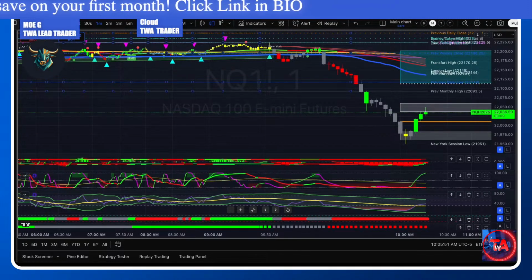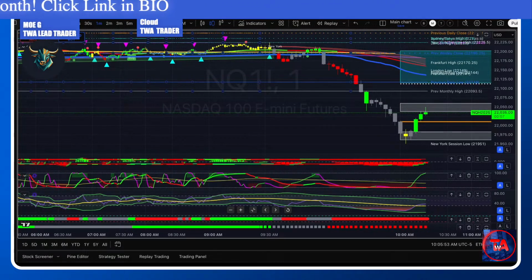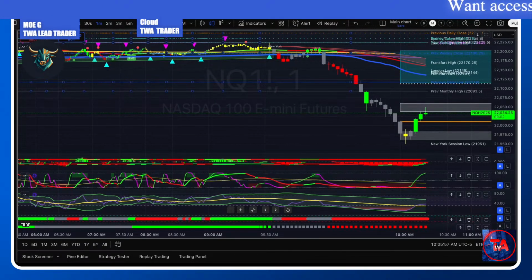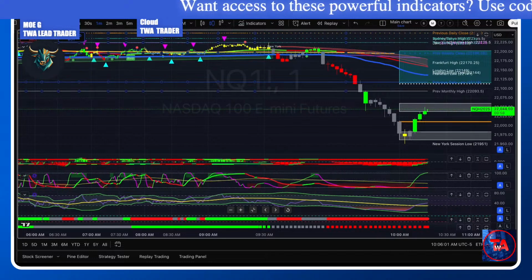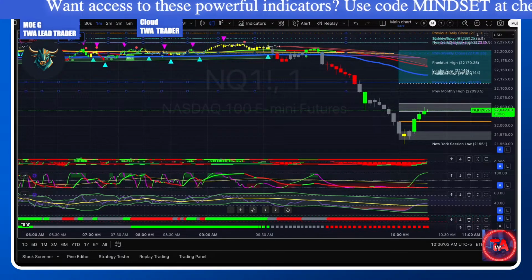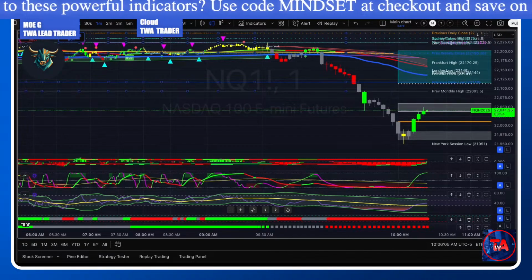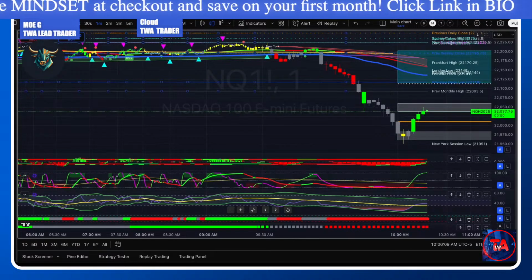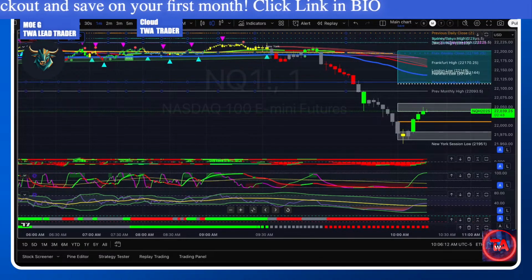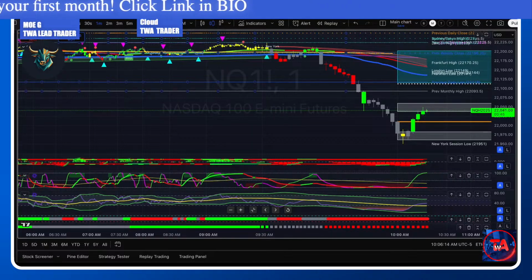Risk was 20, let's see, 40, $80. And the reward was 125 points. Oh, look at that.